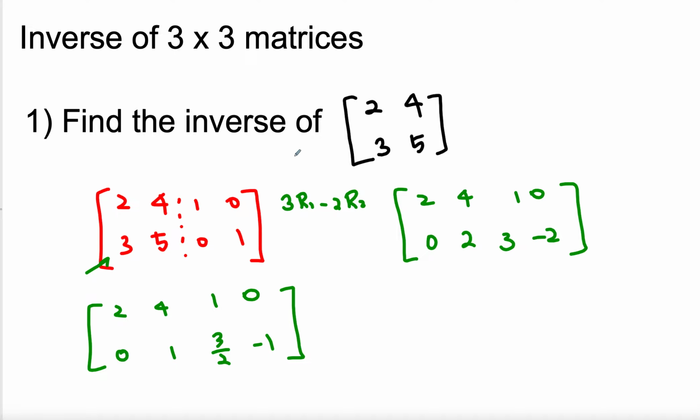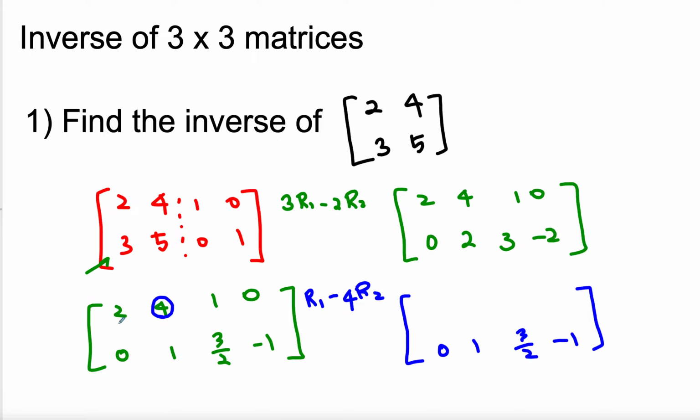I want to make this number equal to 0, because that's how the identity matrix goes. Except the diagonals, all the other entries have to be 0. In order to get this one equal to 0, I'm going to multiply the second row by 4 to match this 4, and subtract it from the first row. Since I'm working on the first row, my second row stays as it is, 0, 1, 3 over 2, and negative 1.